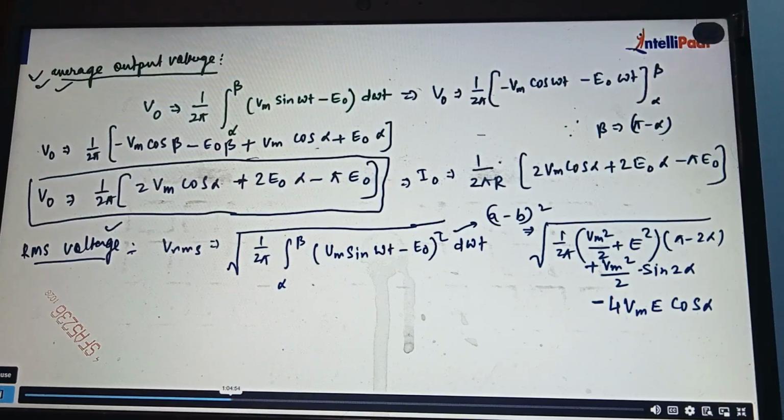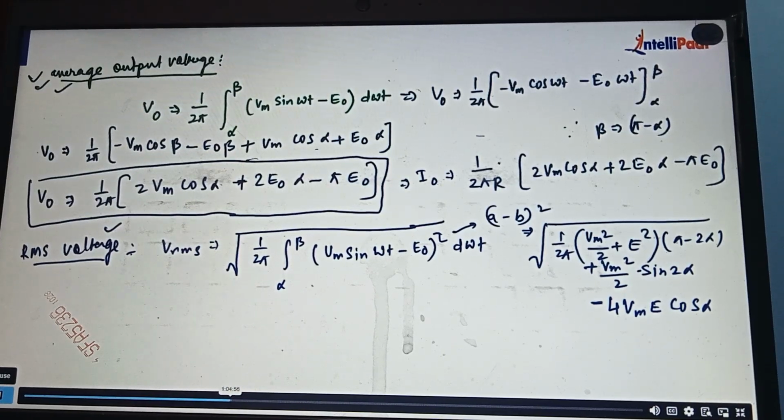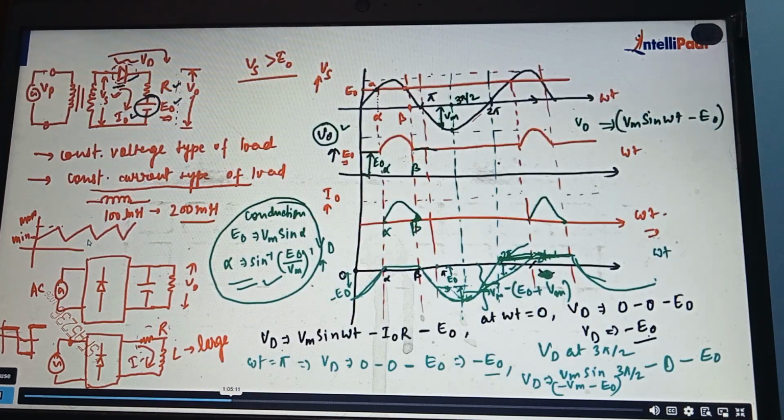These are the three terms which we are getting, and these are the two expressions which are really important while we are calculating different values during charging of this battery from the source.